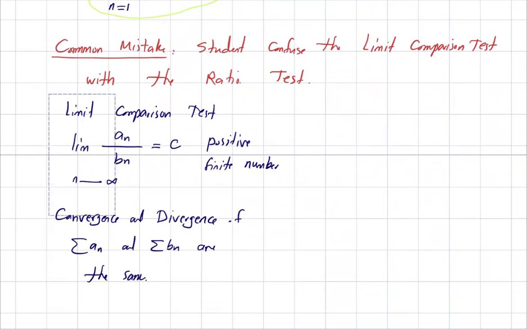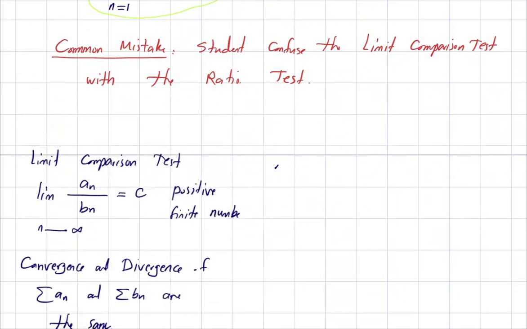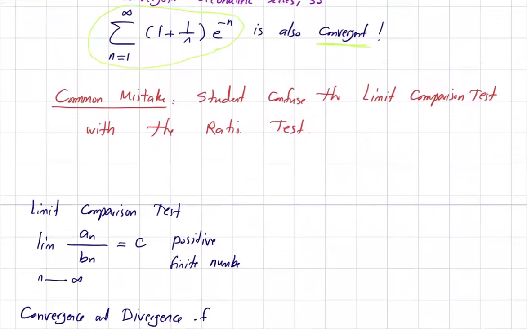The common mistake that students make is saying that, okay, since we have 1 here, it means that the test is inconclusive. Then students write, since the limit is 1, the test is inconclusive.